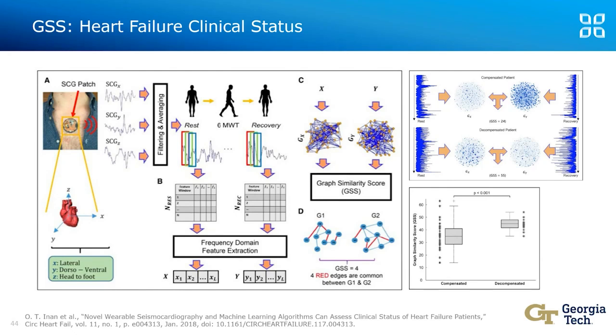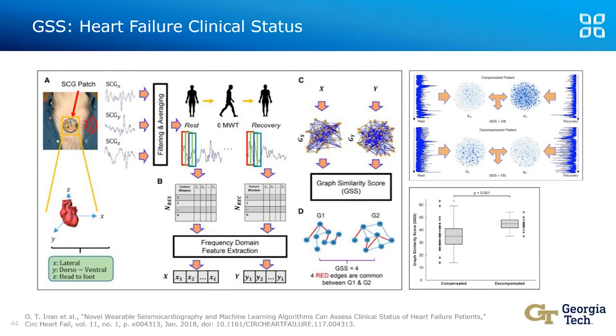And the main concept with this particular study was that rather than looking at the signals just at rest, we used the 6-minute walk test as a prescribed activity from which we wanted to measure the changes in our signals compared to their resting values.